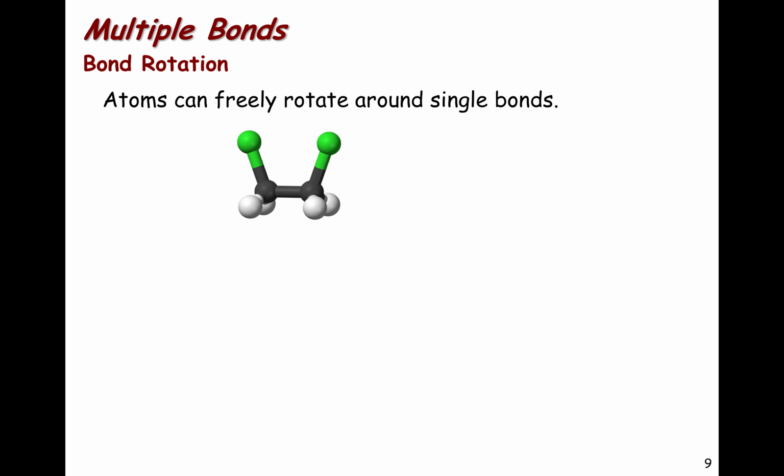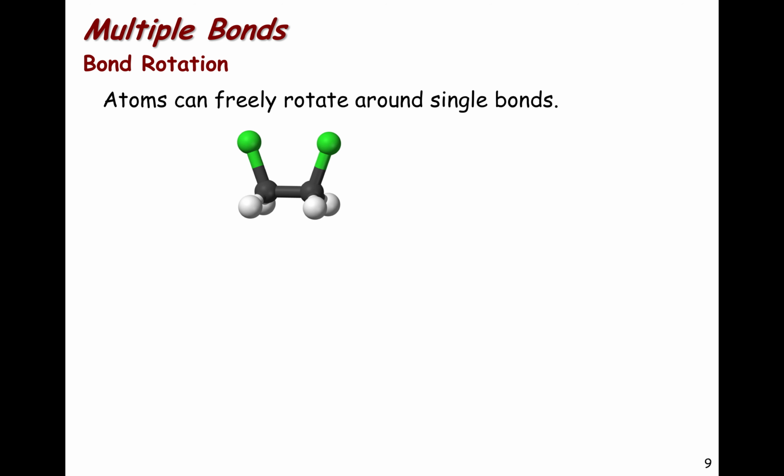There are physical consequences to the nature of the bonding in various molecules in terms of the ability of groups of atoms to rotate around bonds. It turns out that since a single bond has only a sigma type bonding orbital, which is a direct overlap between two atoms and is completely symmetrical with respect to the axis of the bond, these groups of atoms can rotate around single bonds freely or with relatively low energy barriers.